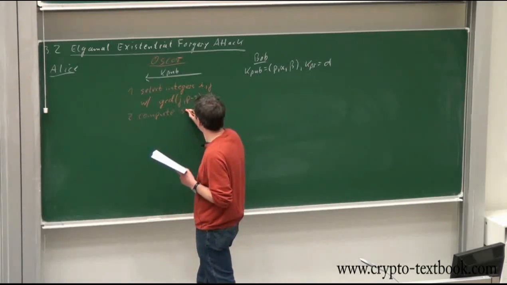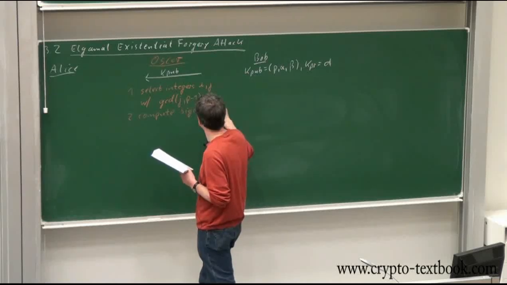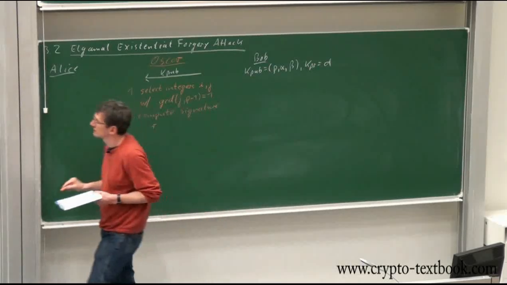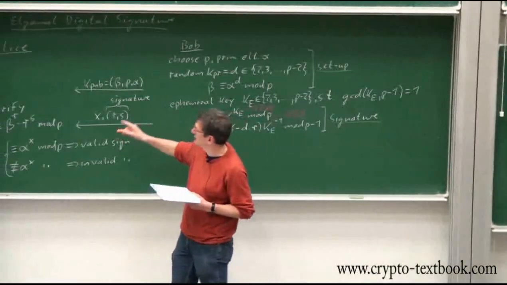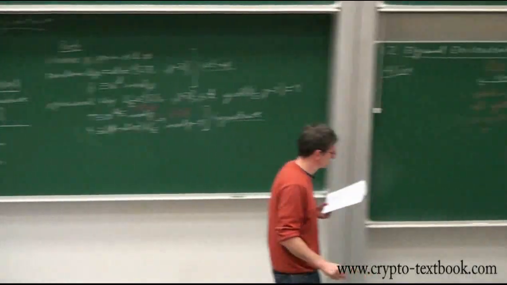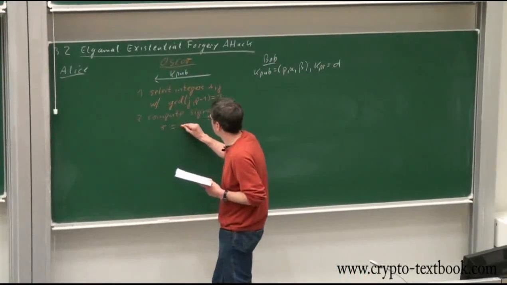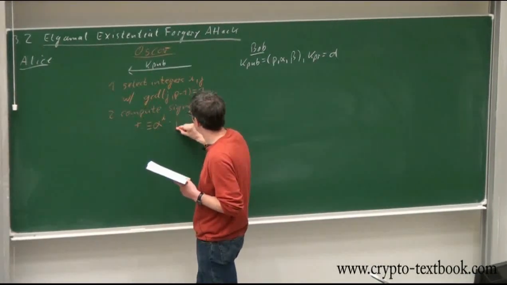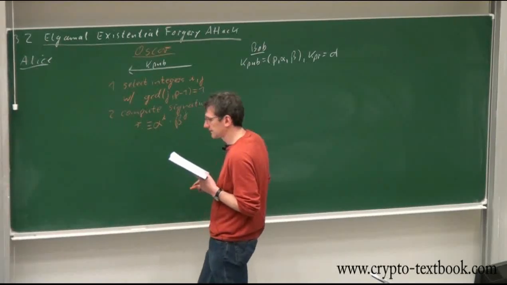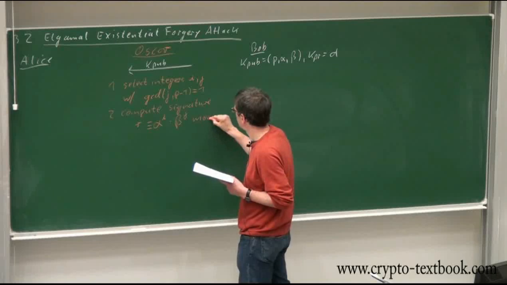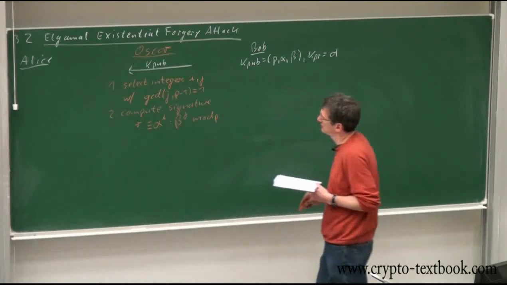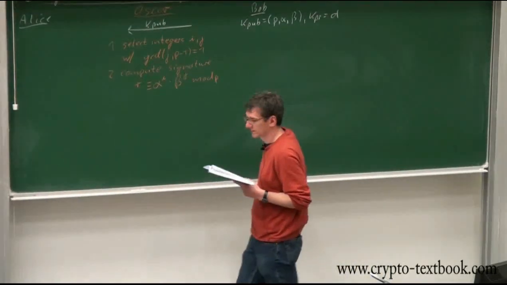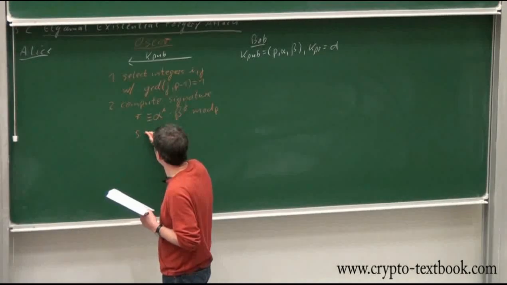Then Oscar computes the signature. This r, namely as alpha to the i times beta to the j mod p, and s in kind of a tricky way.